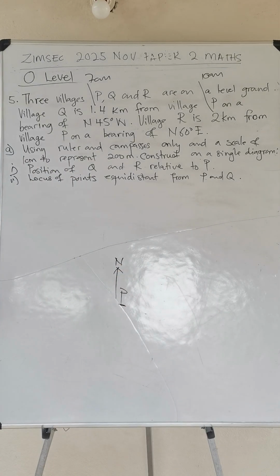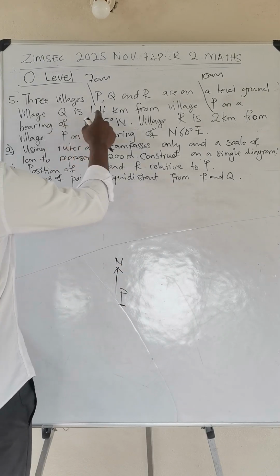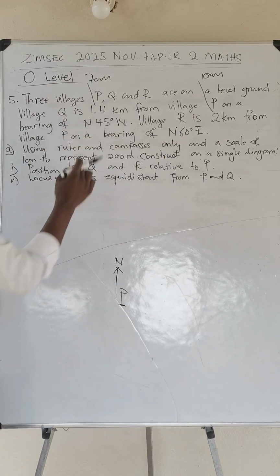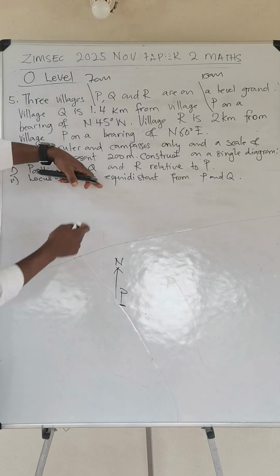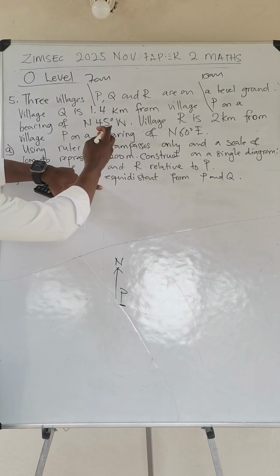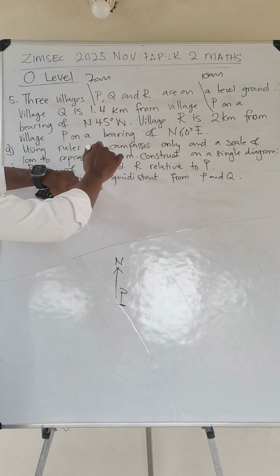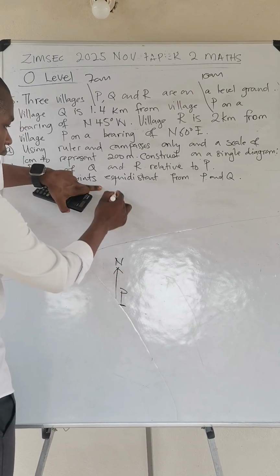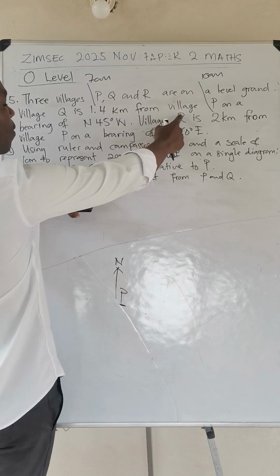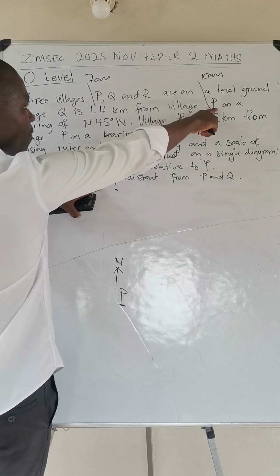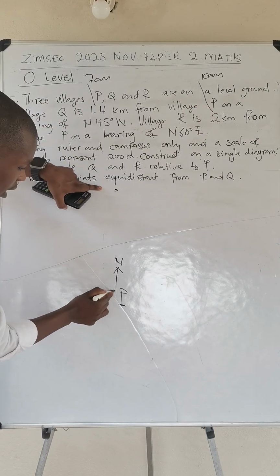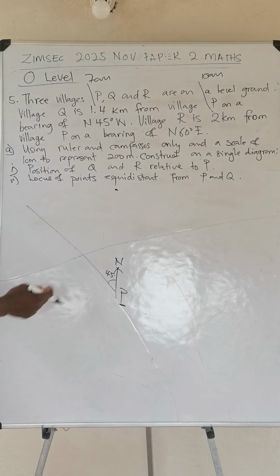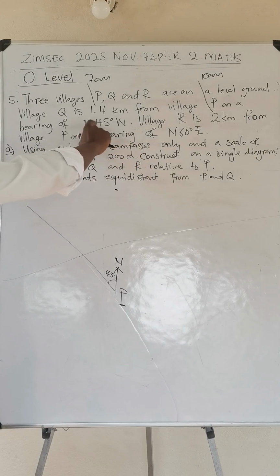They are saying village Q is 1.4 kilometers from village P on a bearing of north, so it's in the northern direction. This is the northern direction, but 45 degrees. So this is north, and this is 45 degrees from this point. This is our 45 degrees because this is a compass bearing.